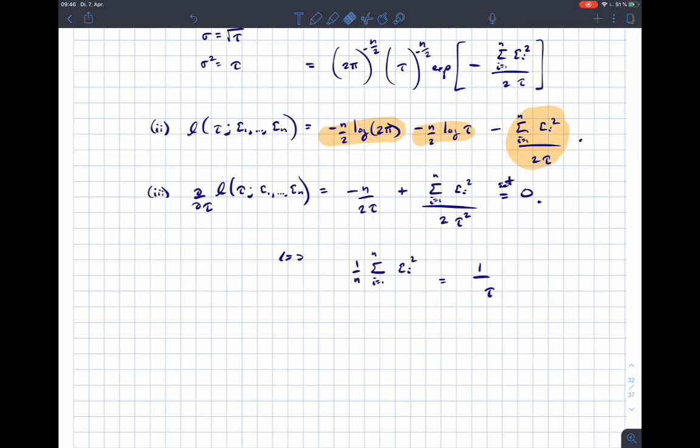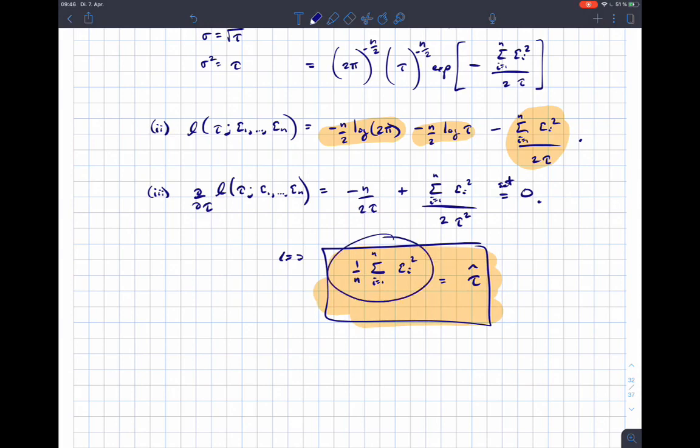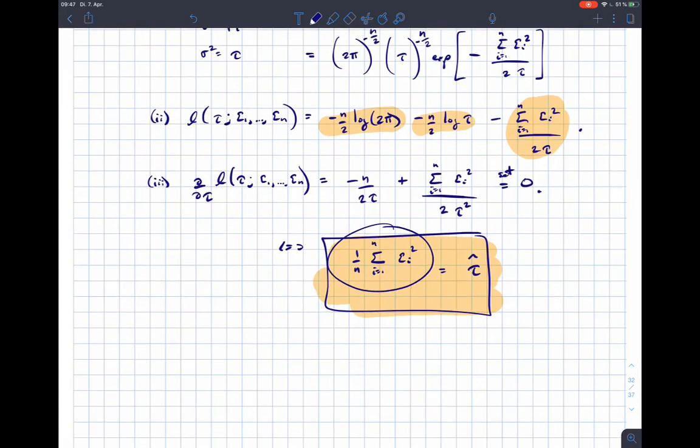So then I get tau squared over tau, which becomes tau. So that's going to be my tau hat. Okay, so the maximum likelihood estimator of tau is this tau hat, which is the mean of the squared epsilons.